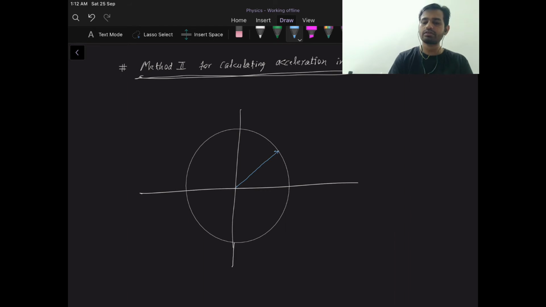Suppose this is the radius vector, and the radius is r. So what will be the coordinates of this point? The coordinates of this point are r cos theta and r sin theta.